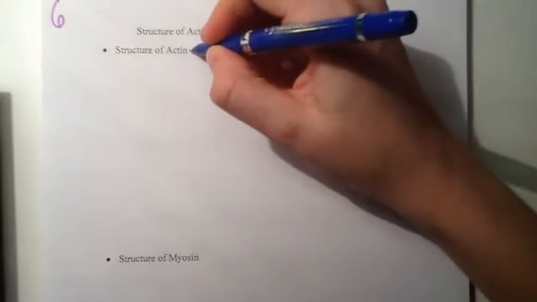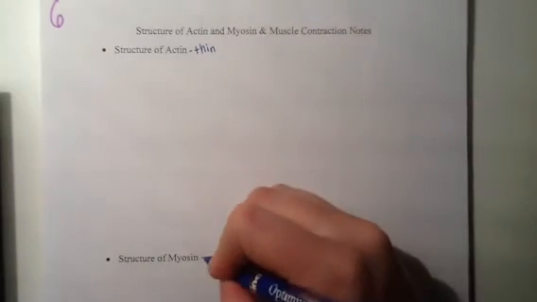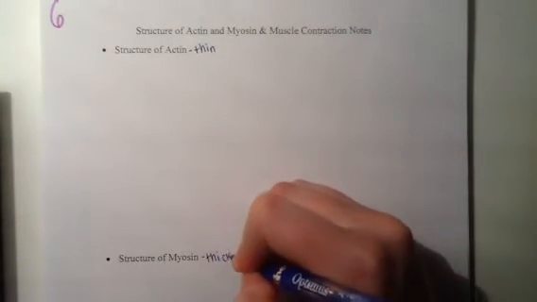Alright, so for the structure of actin, remember that actin is your thin filament, whereas myosin is your thick filament. For actin, I want you to take a color. Actin kind of looks like beads on a string to me.